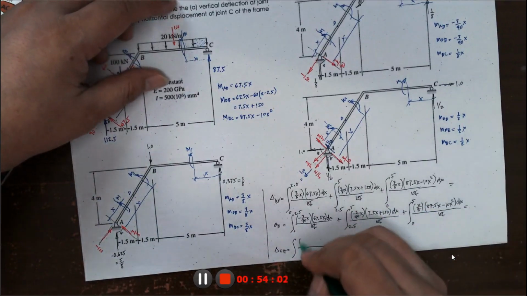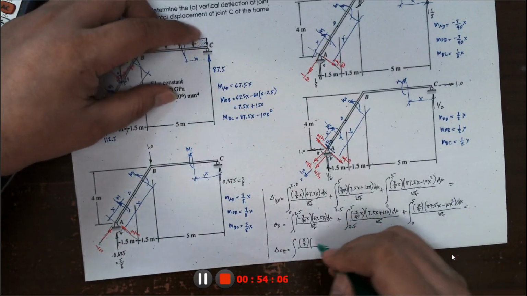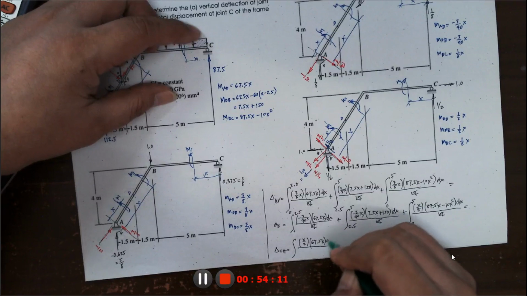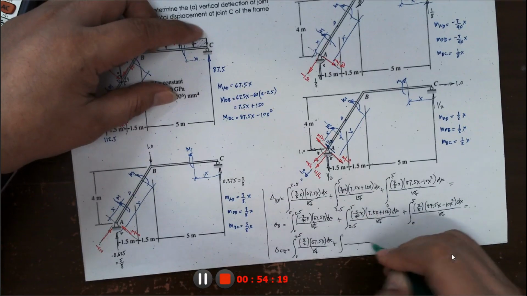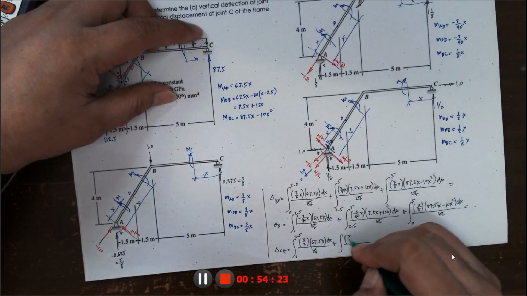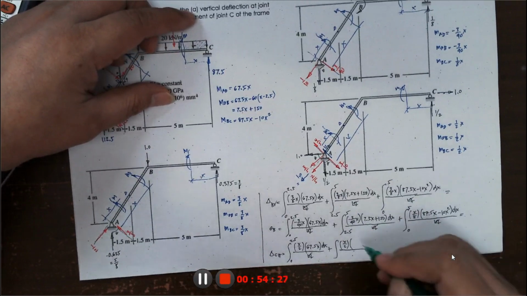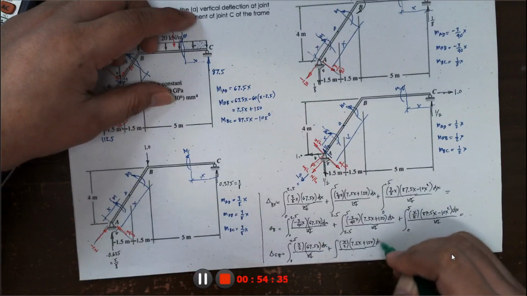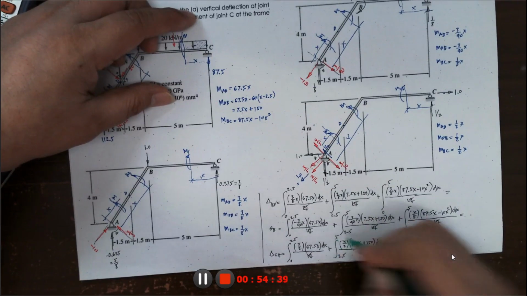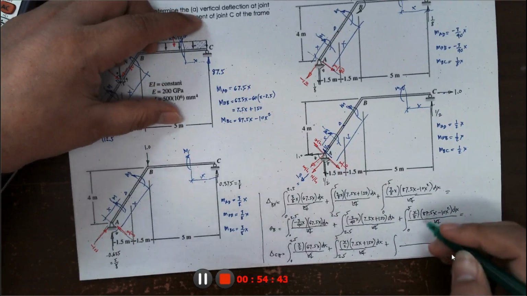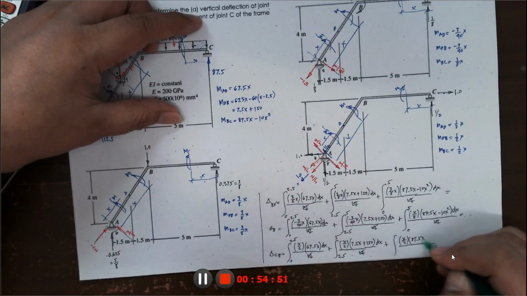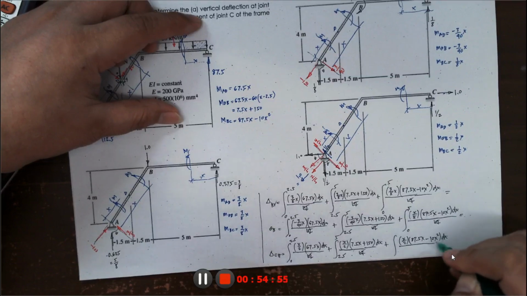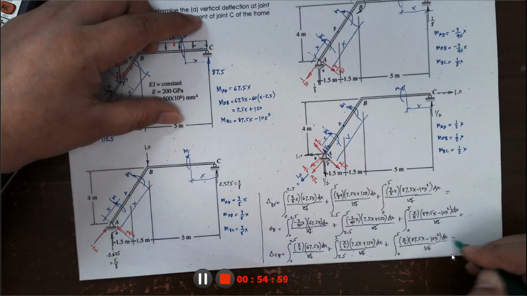Kini 1/2 or x over 2 times 67.5x, 0 to 2.5 plus x over 2 tanan x over 2 times 7.5x plus 150 from 2.5 to 5, x over 2 times 87.5x, 0 to 5. Okay?